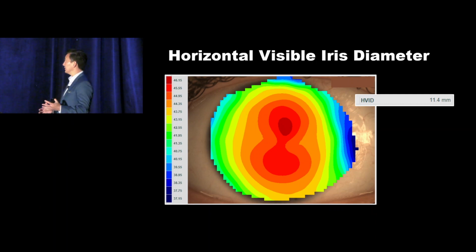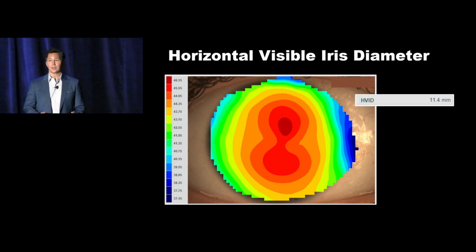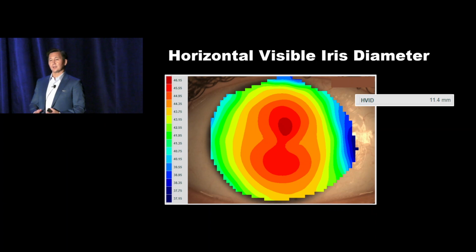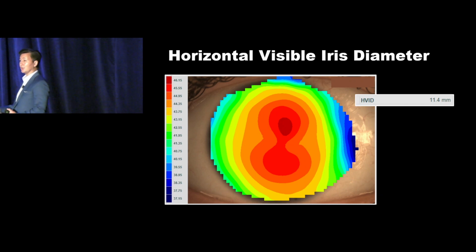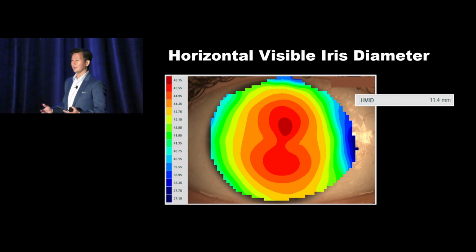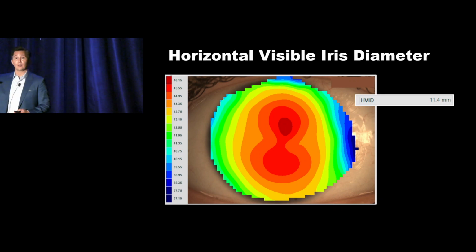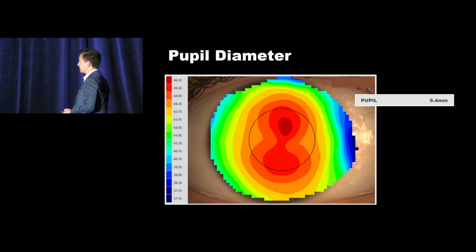So if you have, in this case, an 11.4 visible iris, we're probably starting with a 10.6 lens. Some designers like to go within about 0.5 millimeter of the visible iris, so it really depends on the design. But with VID less 0.8, that's kind of a safe range, gives you a lot of room for the lens to move in the closed eye environment without impinging out there on the limbus.